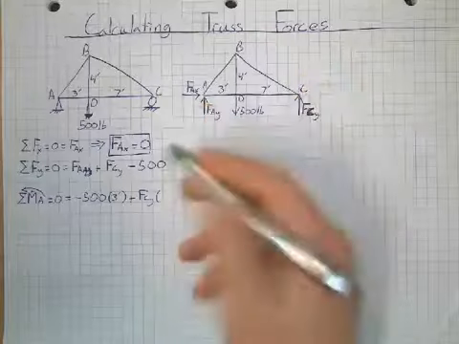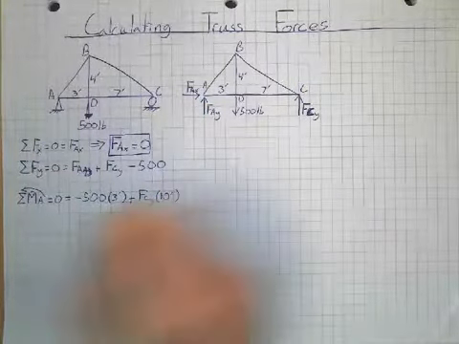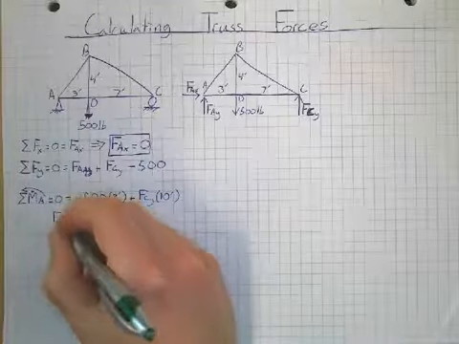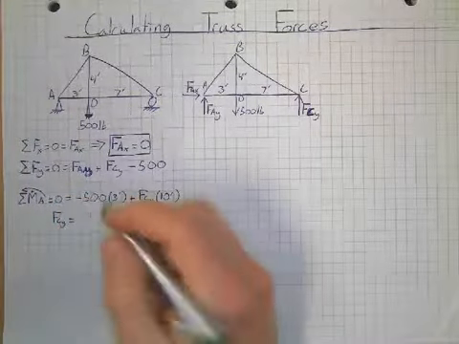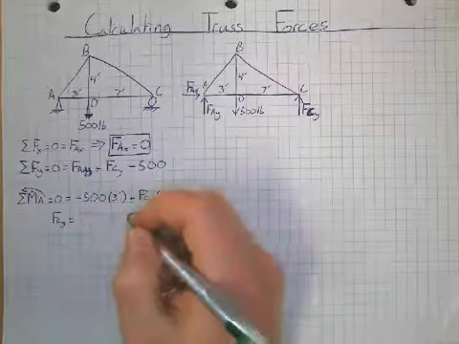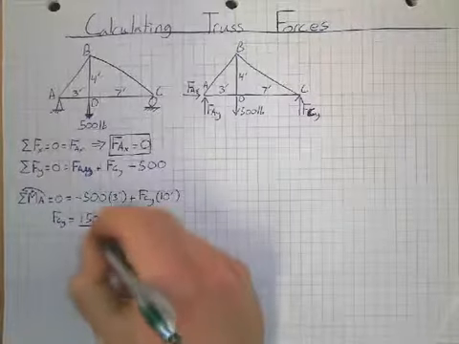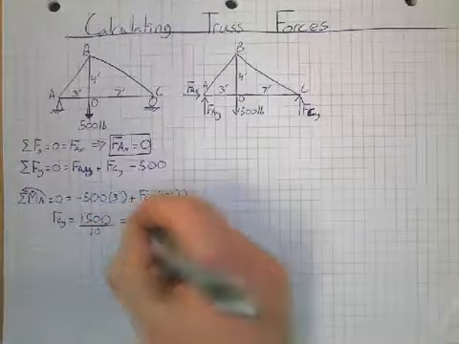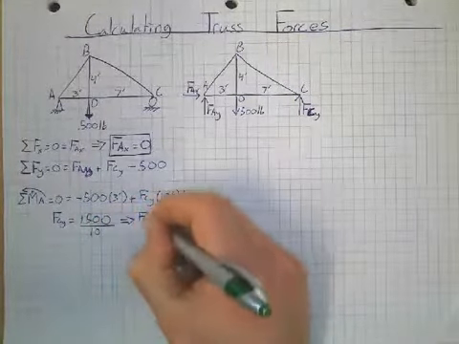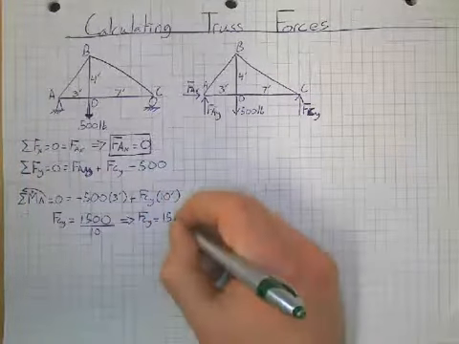The total distance there would be 10 feet. So if I was solving, FCY is equal to 1,500 divided by 10. FCY is going to be equal to 150 pounds.